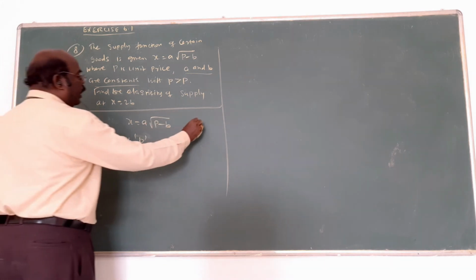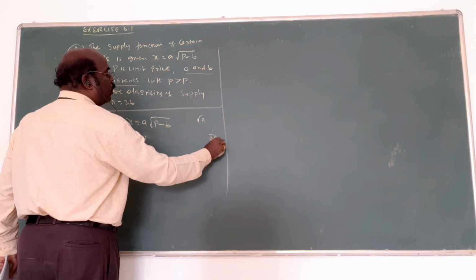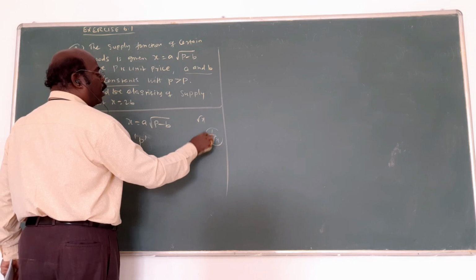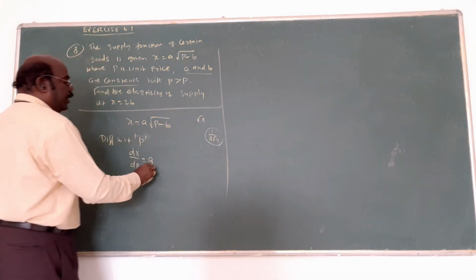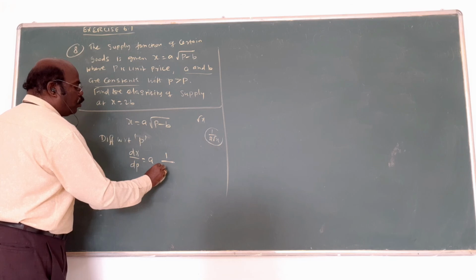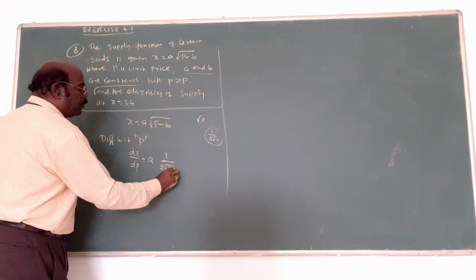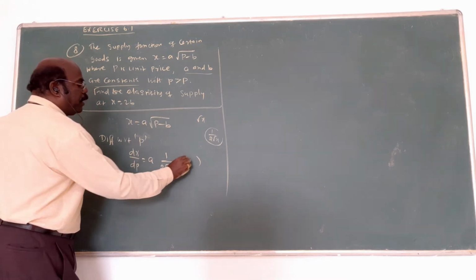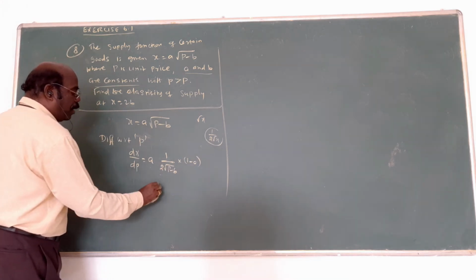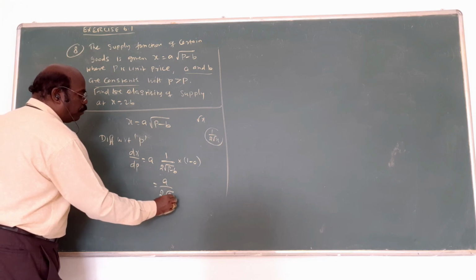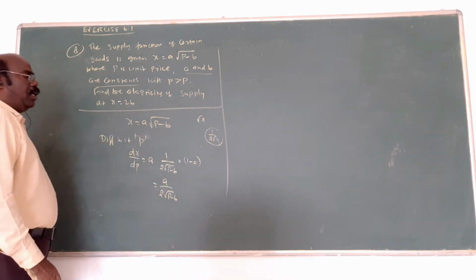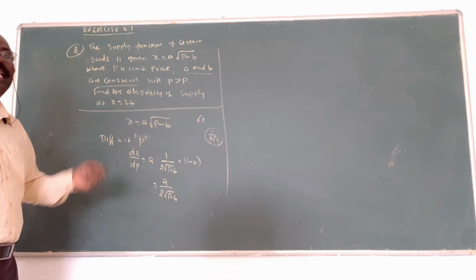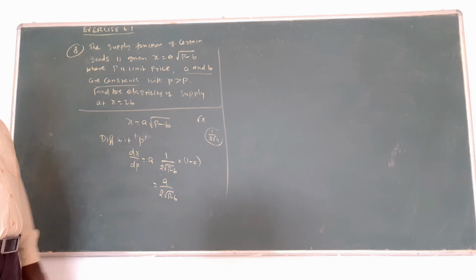I already told you the differentiation of root of something is 1 divided by 2 times root of something, into the derivative of the inside. So a into 1 divided by 2 times root of (p minus b), into the inside derivative. The p with respect to p is 1, the b is constant so 0. The answer is a by 2 into root of p minus b. Am I right?